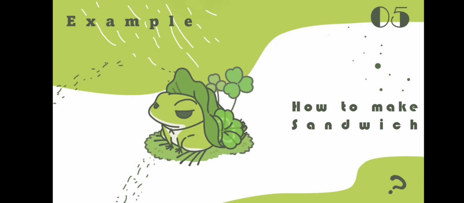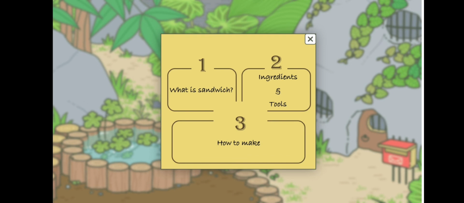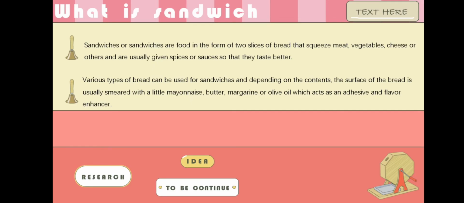And the last is the example, how to make a sandwich. The first is, what is the definition of a sandwich? The second is ingredients and tools. And the last is how to make it. What is a sandwich? Sandwiches are food in the form of 2 slices of bread with meat, vegetables, cheese or other fillings, and are usually given spice or sauce so that they taste better.